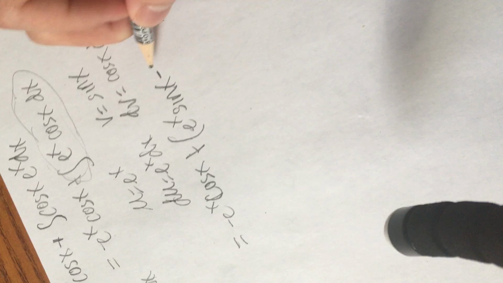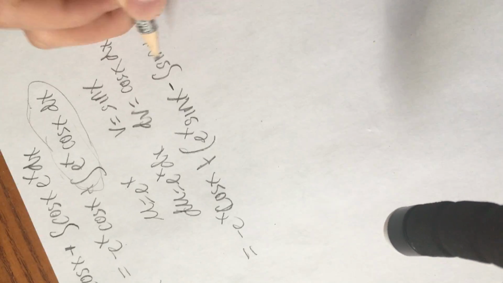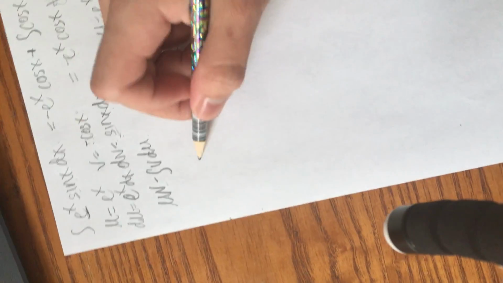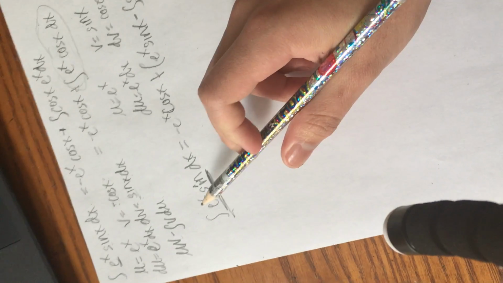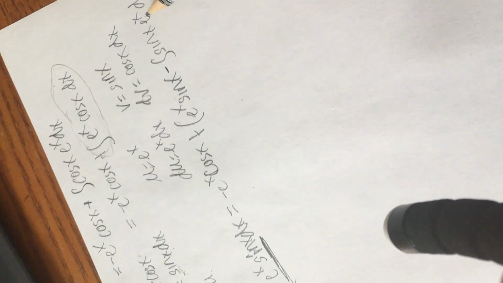So uv, that's minus v du. So this. But now I'm gonna write it again over here. Look what you have here. e to the x times sine x dx. And here you also have e to the x times sine x dx.